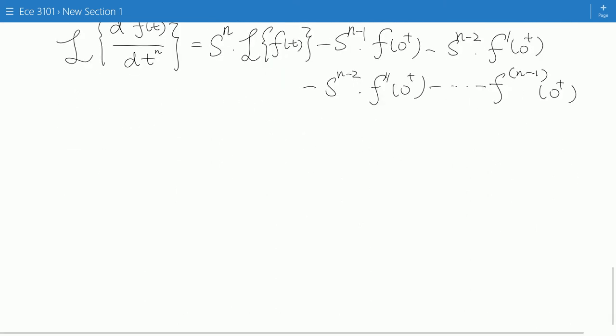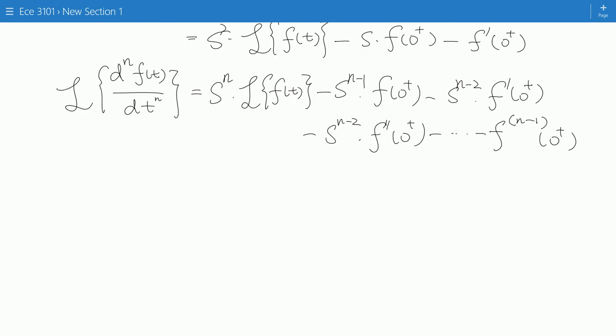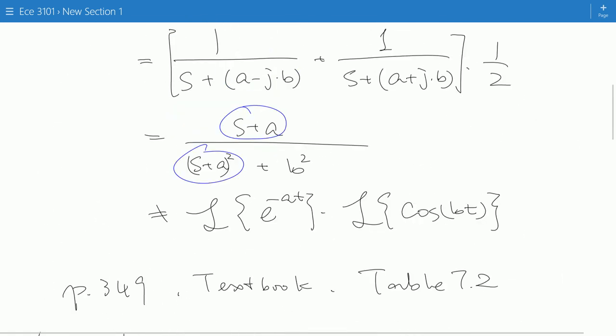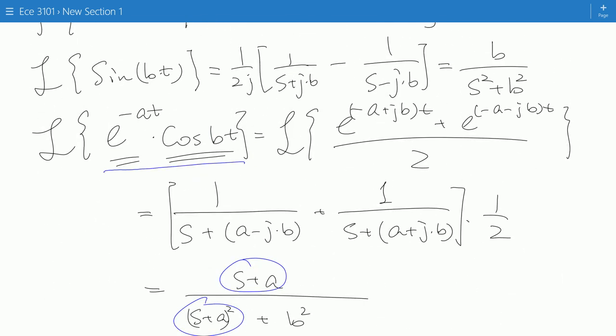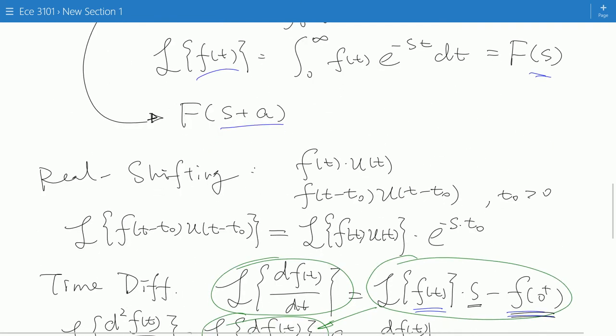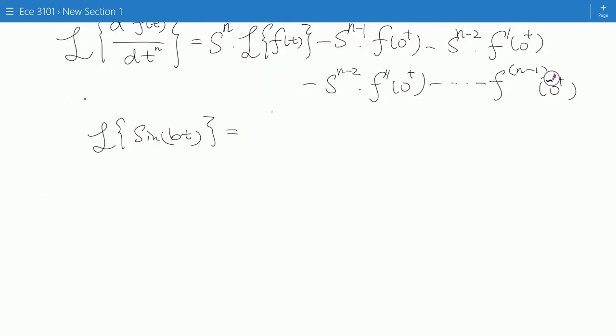Is there any example to illustrate this property? Yes, we have done it already. Remember, we have our sine function studied a page earlier, right here: b over s squared plus b squared. And the cosine function and sine function are related by the derivative.